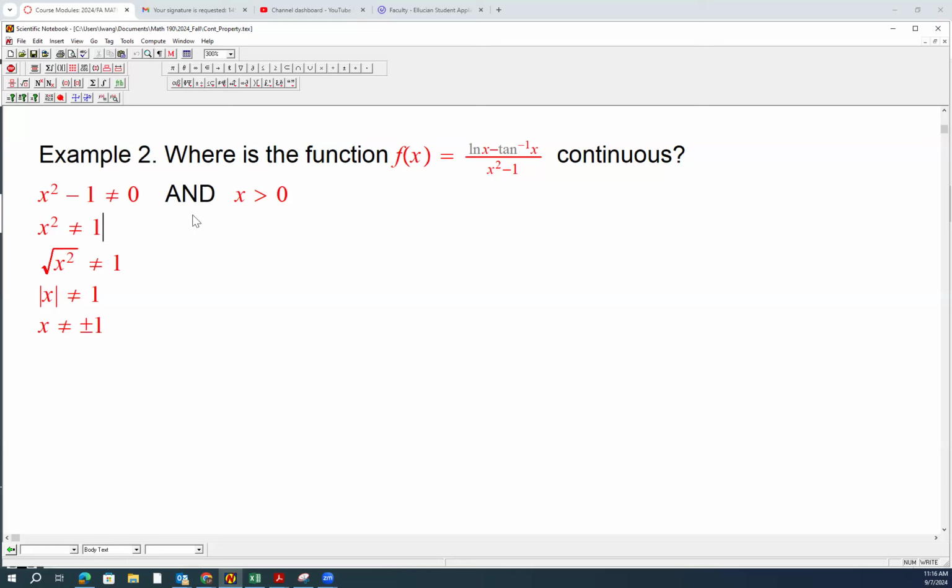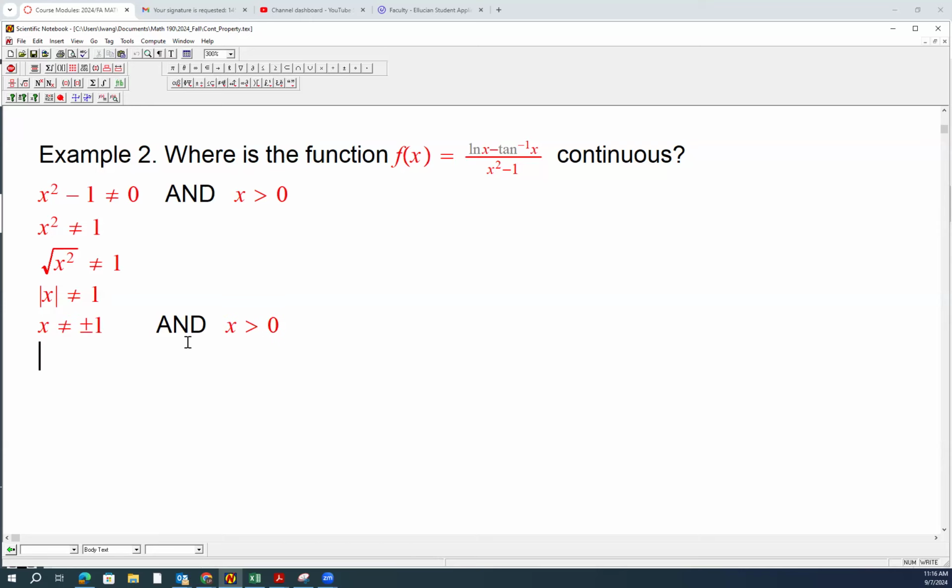All right. And the next part, the domain for ln x, which is x greater than 0. If we combine these, we found that x cannot be negative 1 will be guaranteed if we apply this.